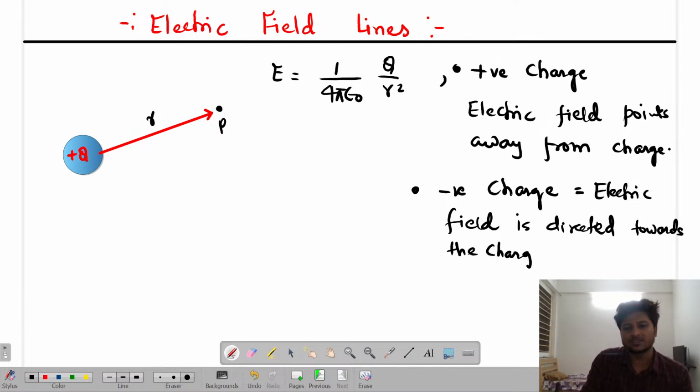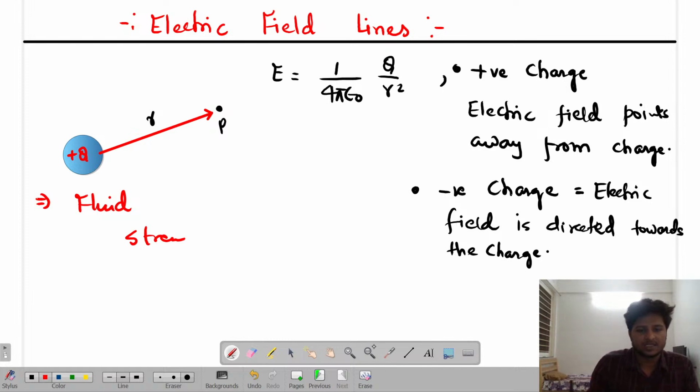Now look carefully and understand what we are going to discuss right now. In the whole of your physics, like last year in fluid mechanics, we learned that there is something called streamline flow, isn't it?